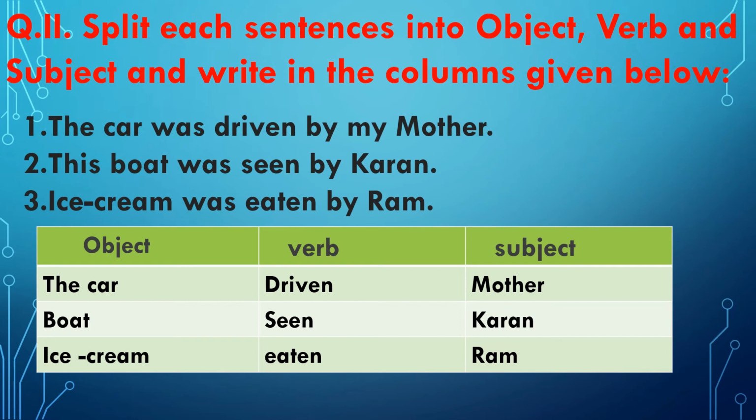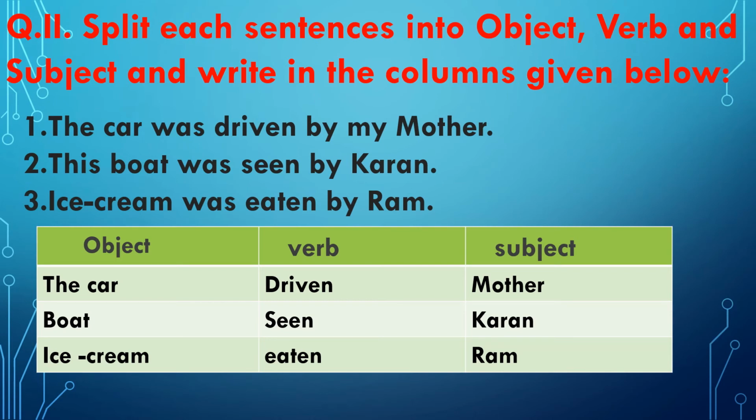Now, in this we have to split object, verb and subject. In the first sentence, "The car was driven by my mother," the object is the car, the verb is driven, and the subject is mother.